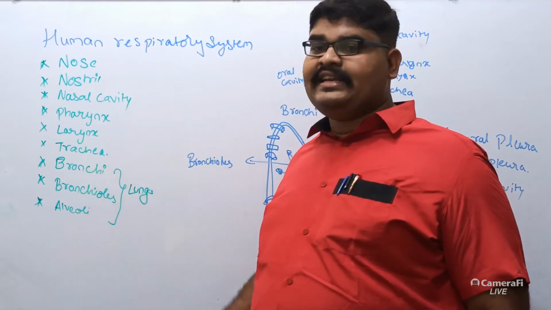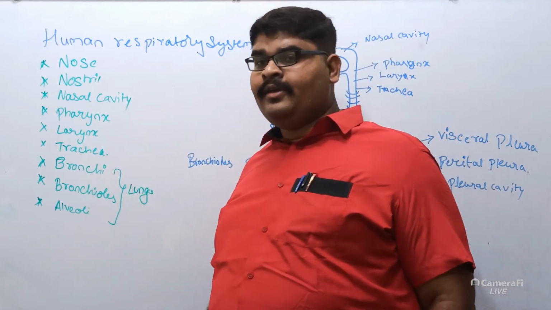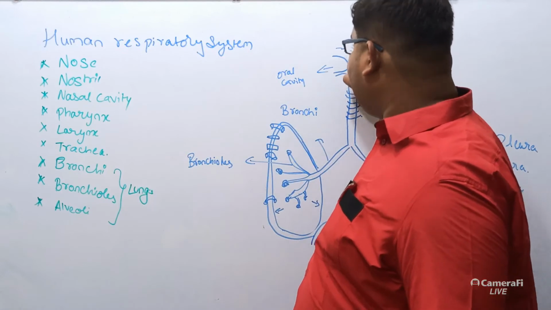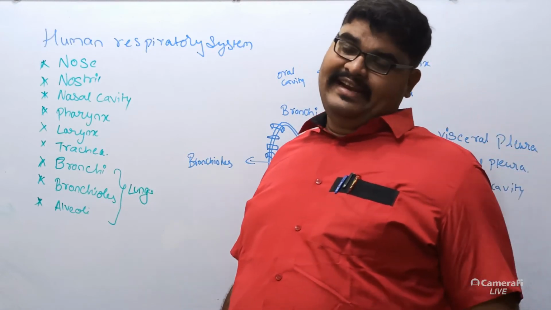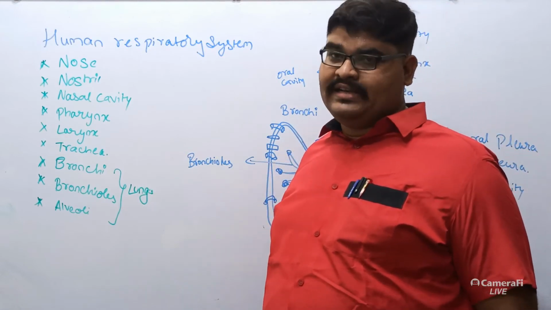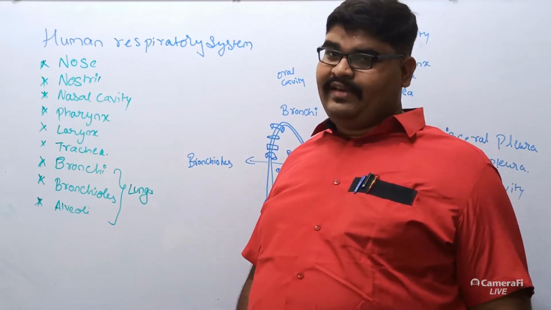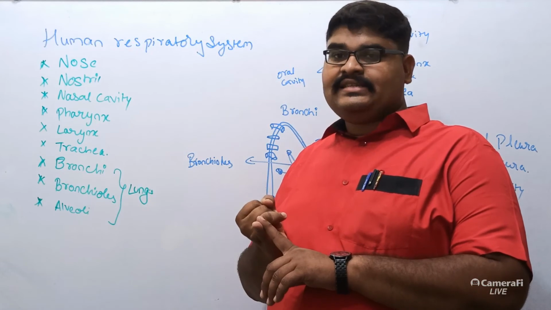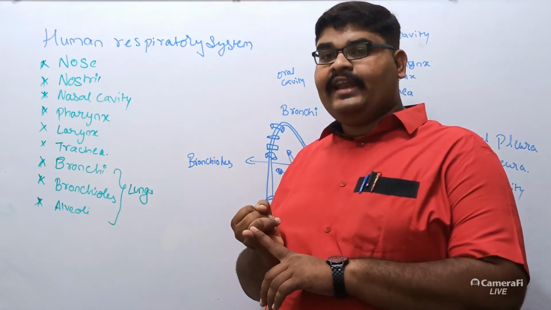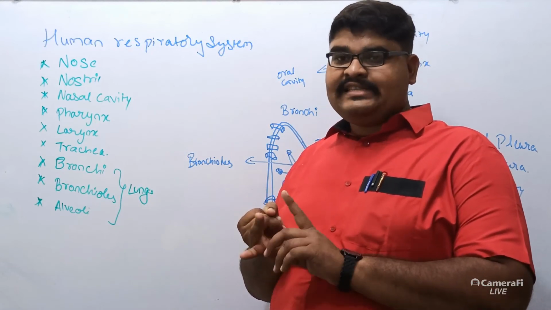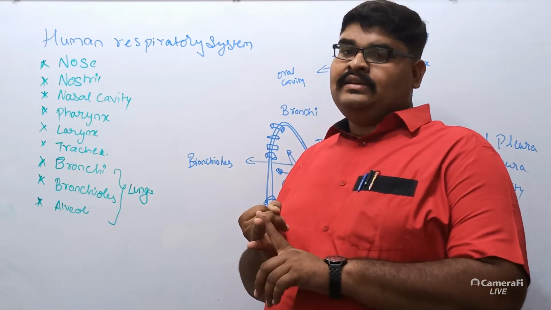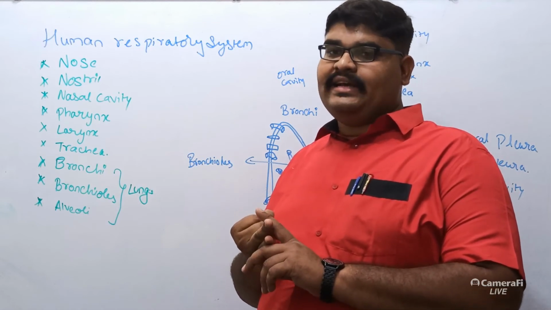Then third comes the nasal cavity. I have already told you about the nasal cavity. The nasal cavity is lined by mucous membrane, that is, mucus. What is the role of mucus? Mucus acts in three ways. First, it makes the air humid. Second, it traps the dust particles.